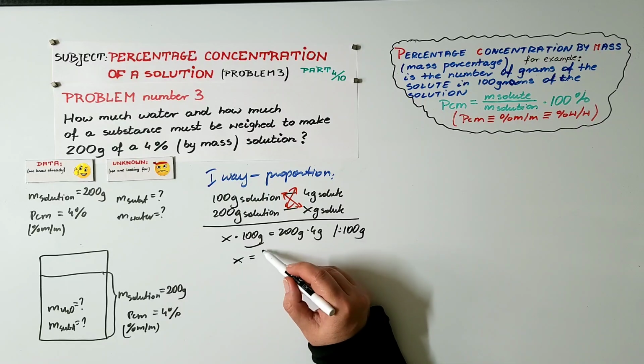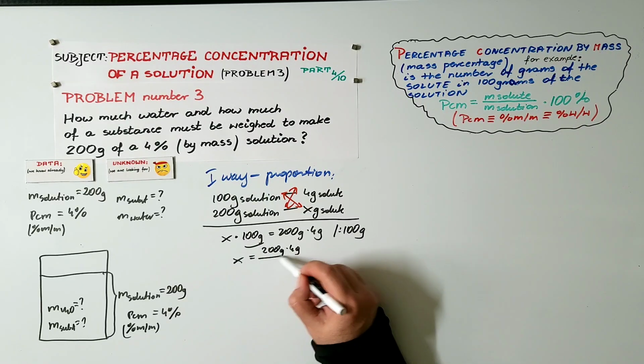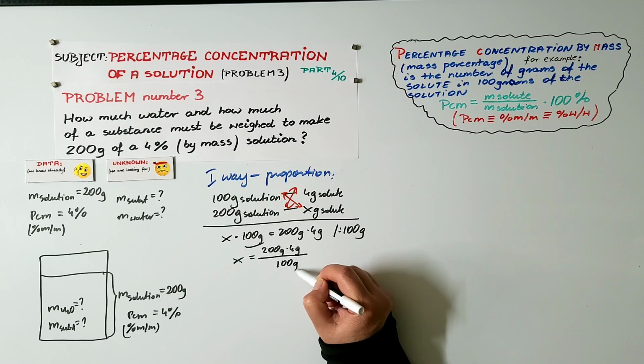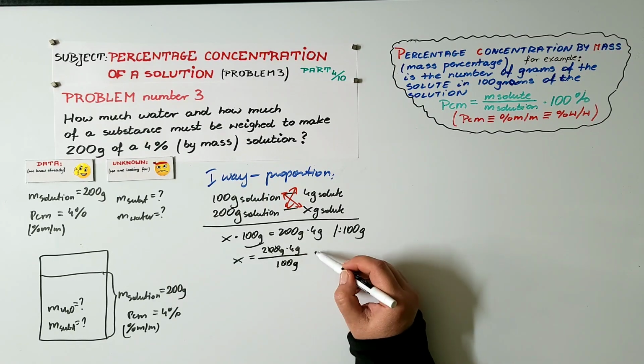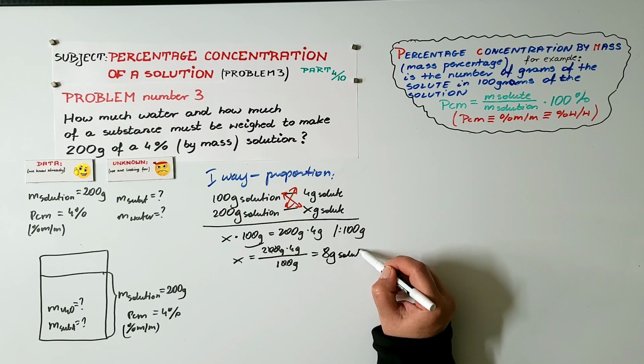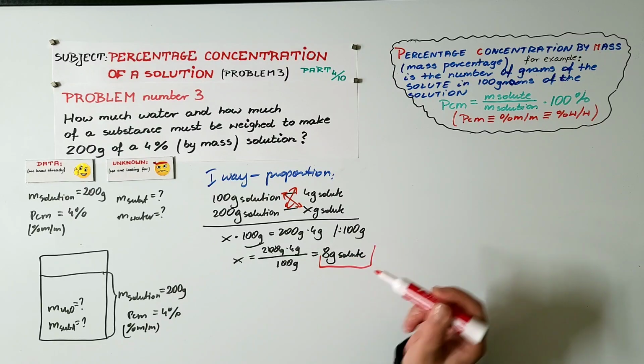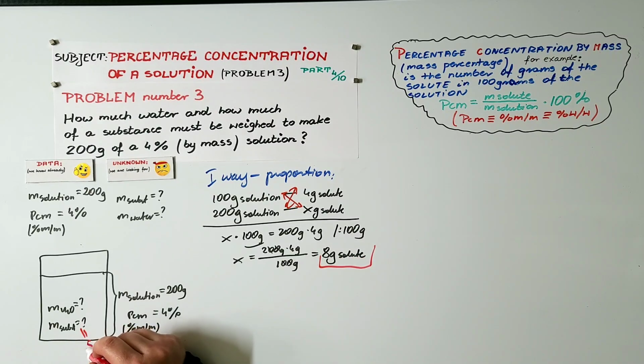X equals 200 grams times 4 grams over 100 grams equals 8 grams of solute. So now we know 8 grams of solute. We know already mass of solute. Now we have to calculate mass of water.